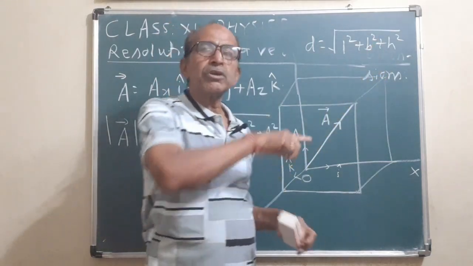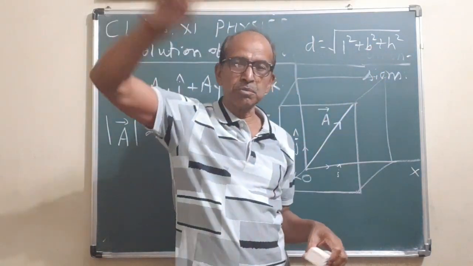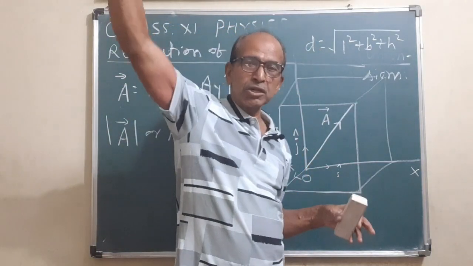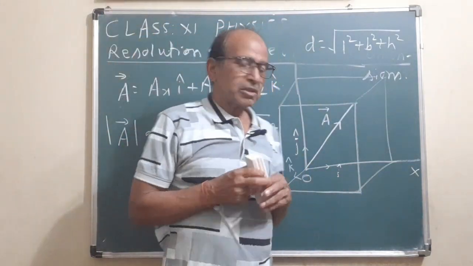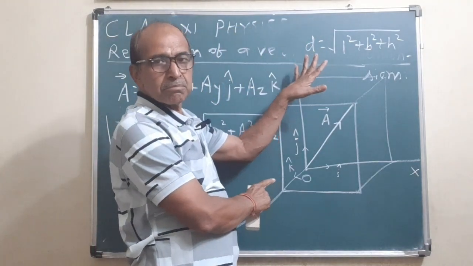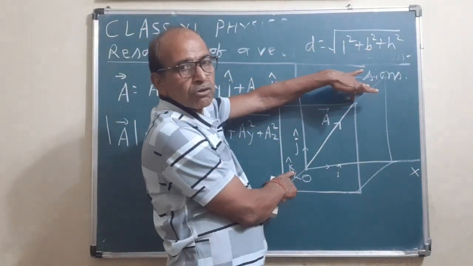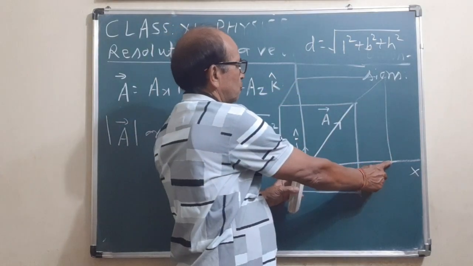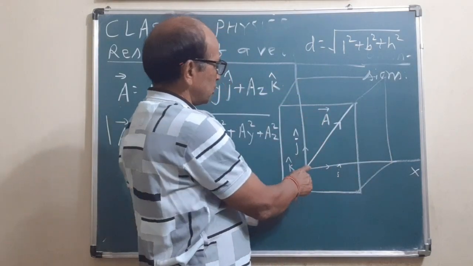So how will you find the diagonal of the room? By this formula. Diagonal means magnitude, length. Here in this three dimensional figure, how will you find this diagonal magnitude? This square plus this square plus this square.